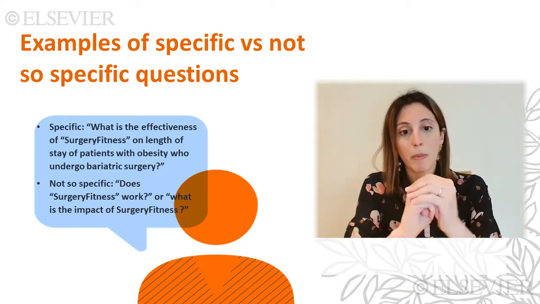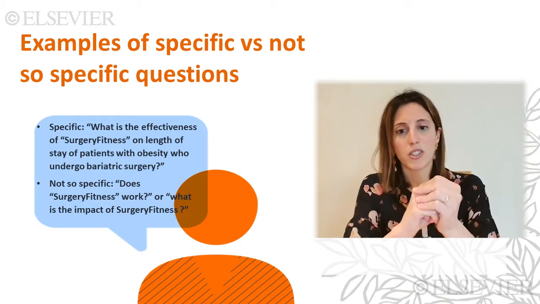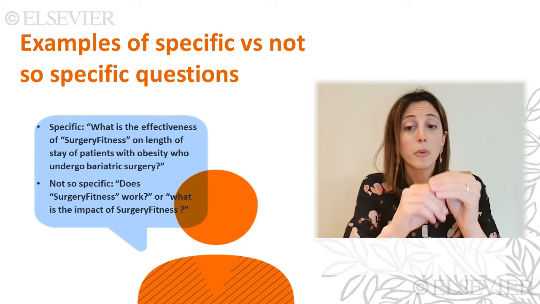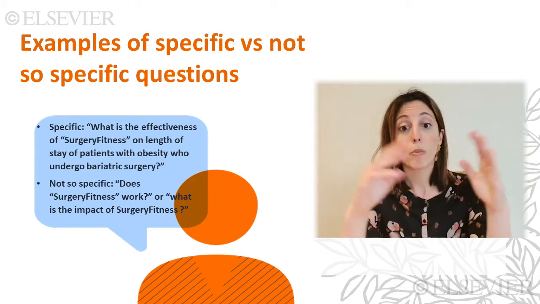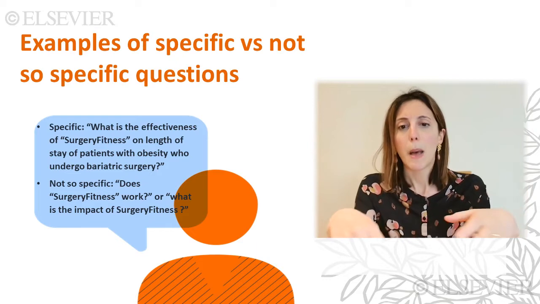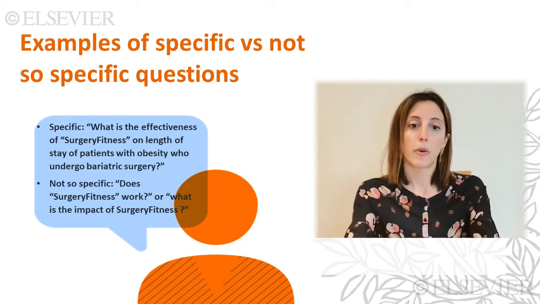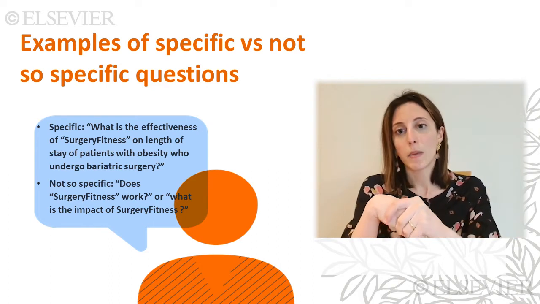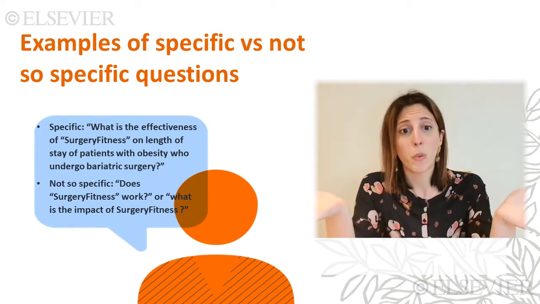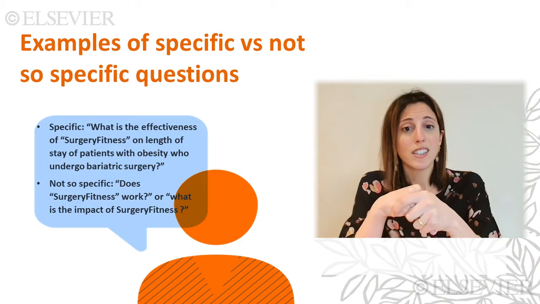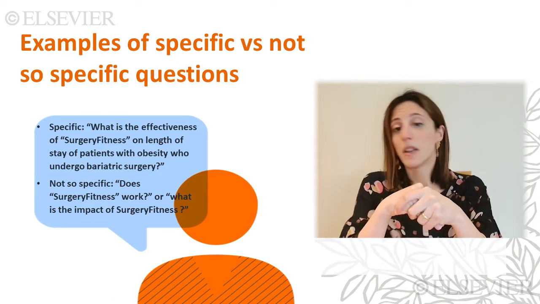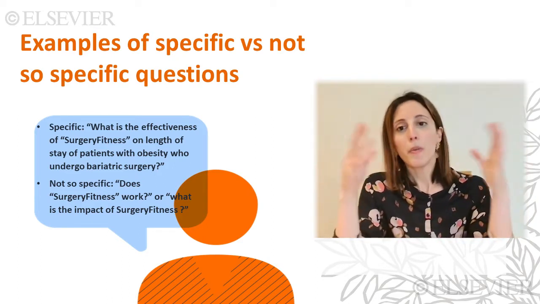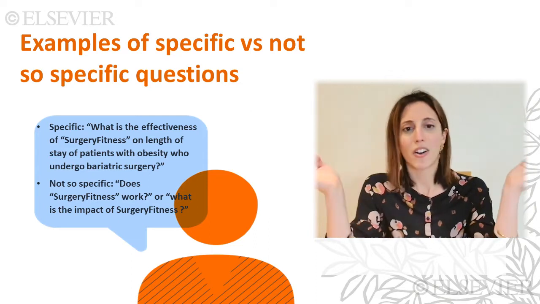And sometimes, remember, it's really okay to have broader questions. Actually, most of the times, you will start thinking about your question more broadly before refining it. But at some point, you will have to narrow it down to make it an answerable question, exactly in the same way as if you think about going on a quest. When you start, it is okay to start broadly and say, for example, I want to find out which is the best art gallery.